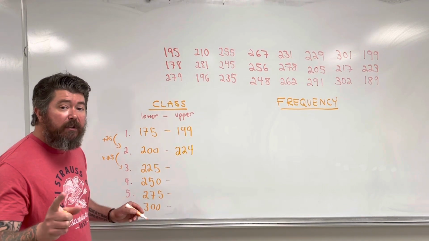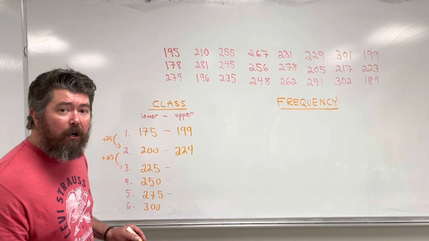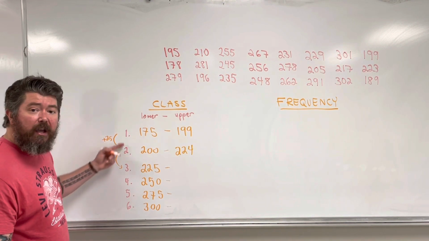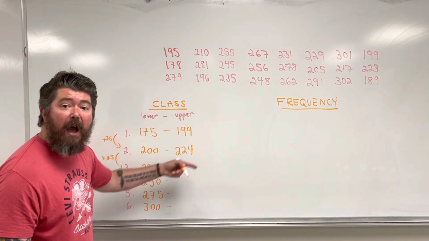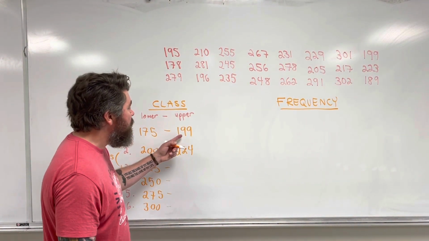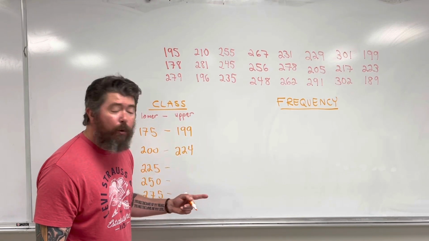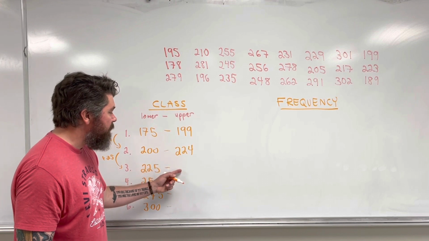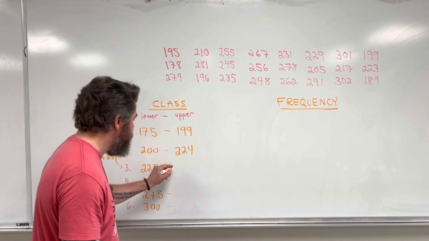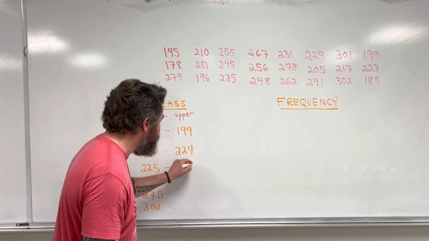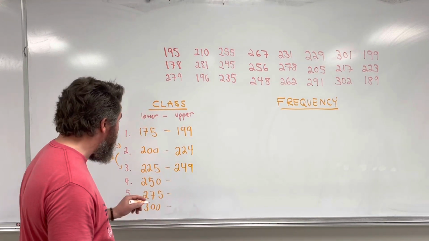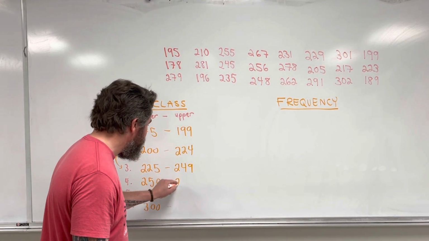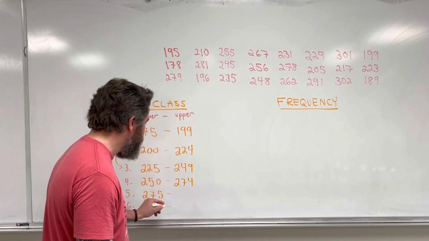I can keep doing it this method, or I can use my trick and continue to add my class width. 199 plus 25 is 224. 224 plus 25 is 249. 249 plus 25 is 274.